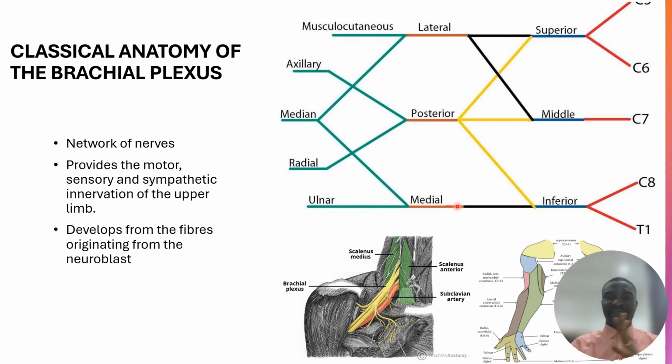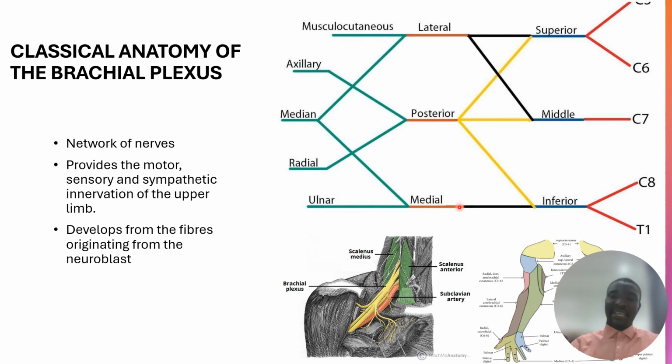And then the divisions are found just behind the clavicle, exactly at the cervicoaxillary canal. That is where you're going to find the 6 divisions. So if you're trying to study in the cadaver the classical nature of the brachial plexus, you're going to follow this map.